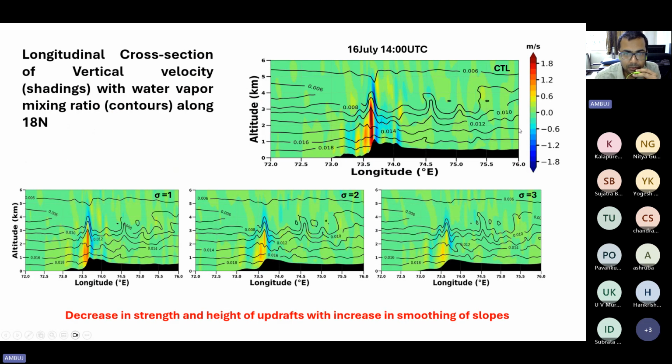Next, we also looked into the cross section of vertical velocity along with water vapor mixing ratio along 18-degree north, and we found that in the original case there is a strong updraft at higher elevation, which is reduced in strength and height as the slope becomes smoother.